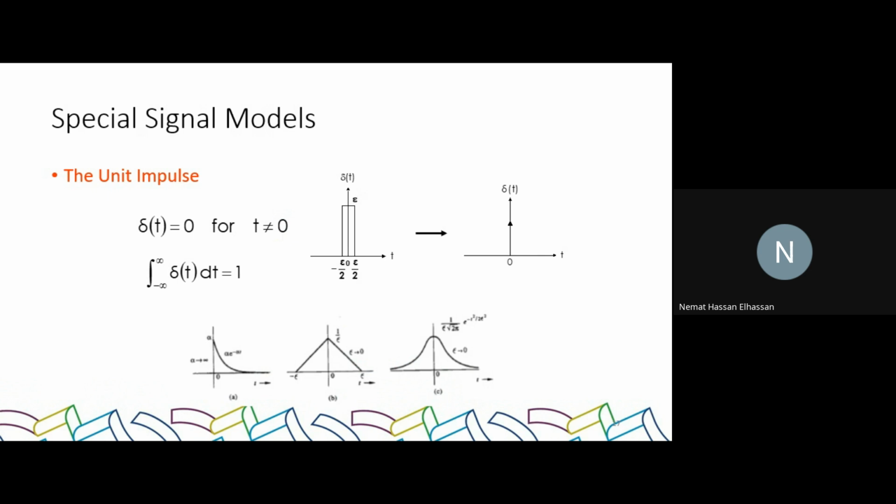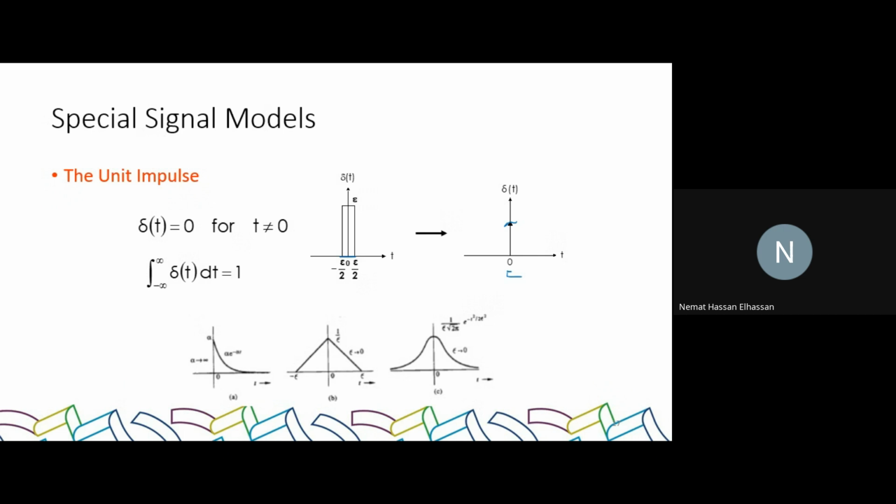The unit impulse, as the name indicates, is a pulse. It appears in a very, very brief moment in time, almost 0. The way we represent it is just by an arrow at t equals 0, to indicate that it's very brief in time, almost 0 seconds. It's just a pulse and it stops. Usually, it actually is a rectangular signal, but its length is very small.